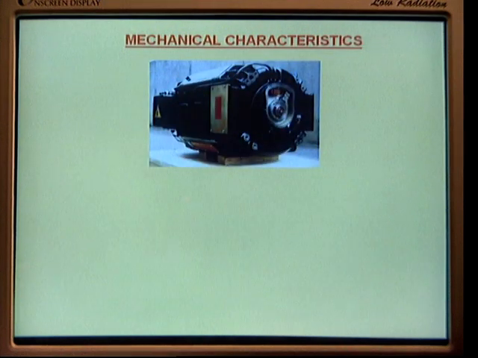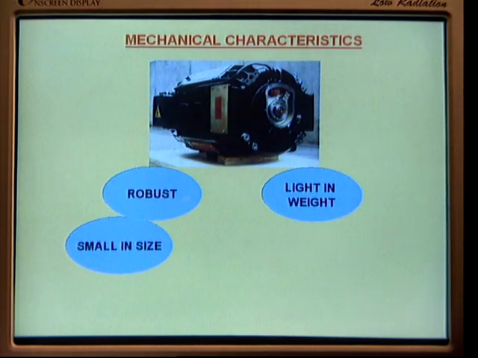Even then, if our motor satisfies these 9 characteristics, it should satisfy mechanical characteristics also. What are the mechanical characteristics? Let us see. The same motor has satisfied all electrical characteristics. Now it should satisfy these characteristics.